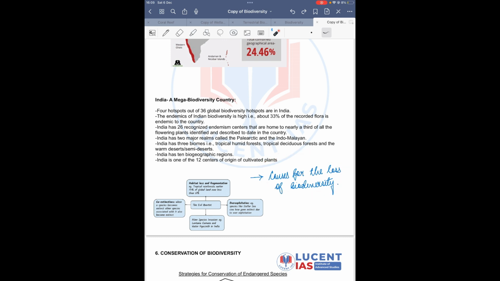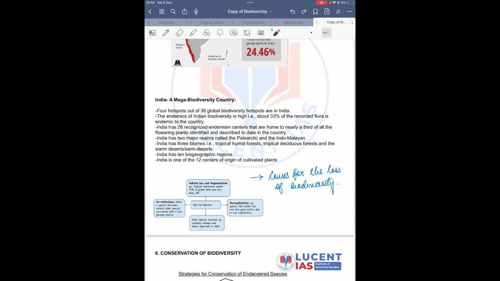Then next let us see what are the causes for the loss of biodiversity. Mainly it is said as an evil quartet, meaning four main reasons. First is the habitat loss and fragmentation. For example, tropical rainforest earlier 14% of global land, now it is less than 6%. Then overexploitation, overly exploiting. Species like Steller sea cow have gone extinct due to overexploitation. Clear?